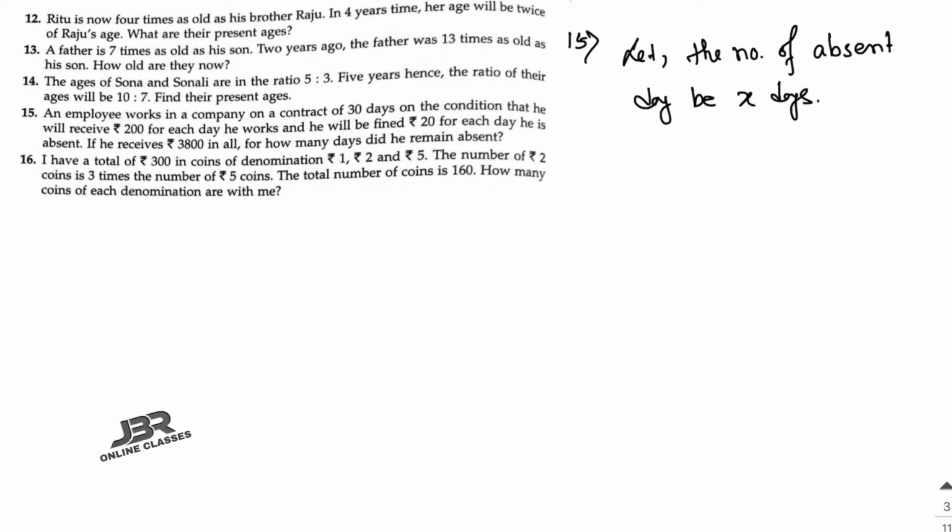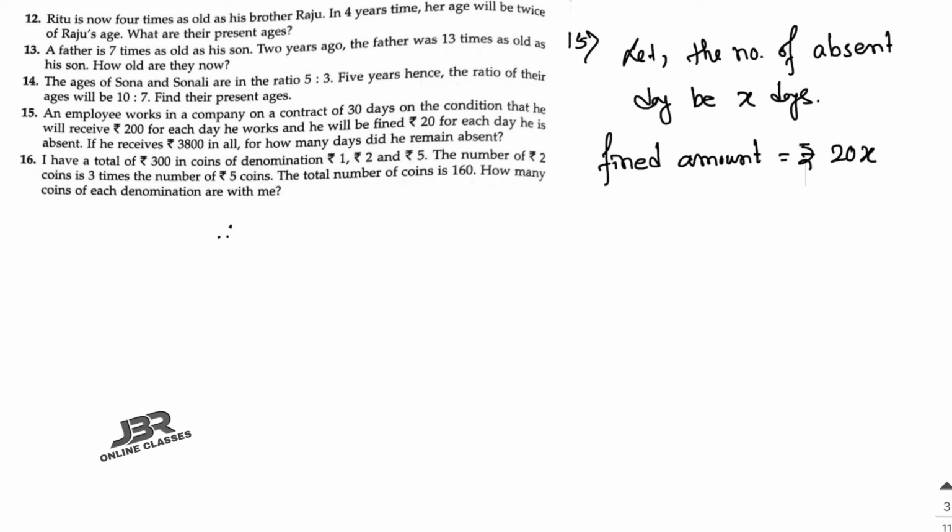Okay, so first for this sum, let the number of absent days be x days. So that means the fine amount equals rupees 20 into x, so rupees 20x.